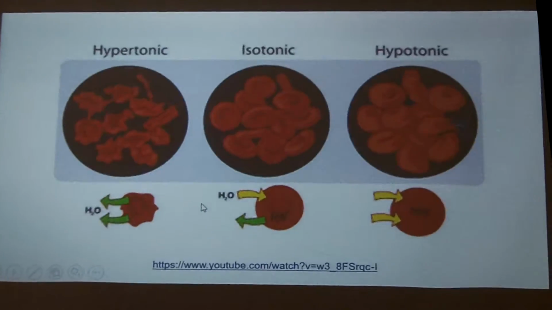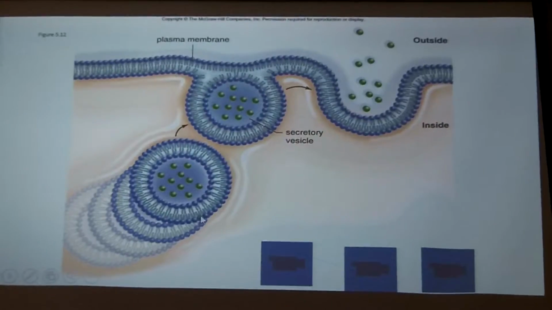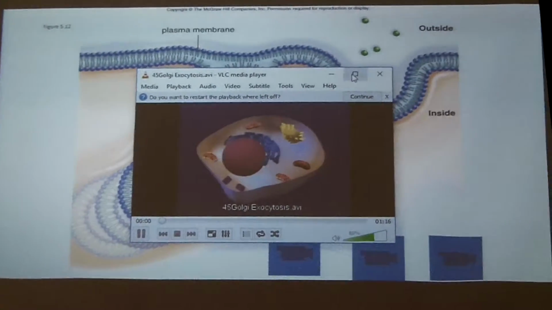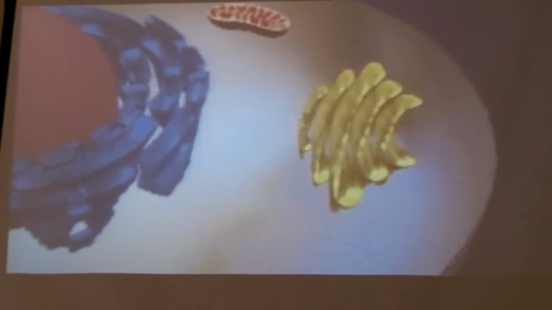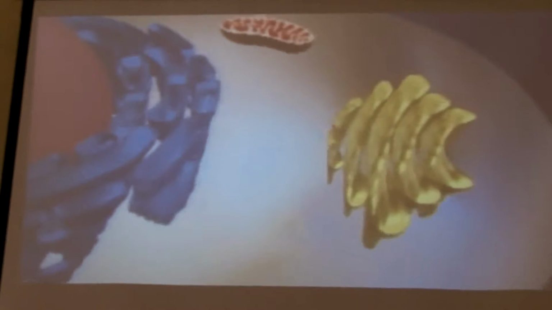This is a cell that secretes large molecules that are unable to pass through the lipid bilayer of the plasma membrane. They leave the cell instead by a process known as exocytosis. After production in a system of membranes called the endoplasmic reticulum, the molecules are packaged in a small sac of membrane called a vesicle.